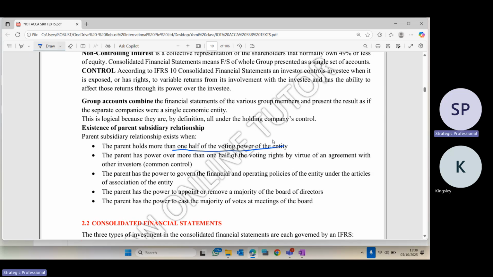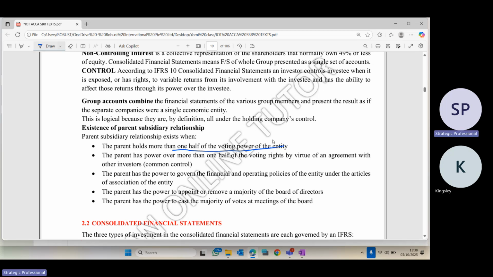Also, when the parent has the power to govern the financial and the operating policy of another entity, then we know that the entity being governed is its subsidiary. For example, look at the children and their parents.